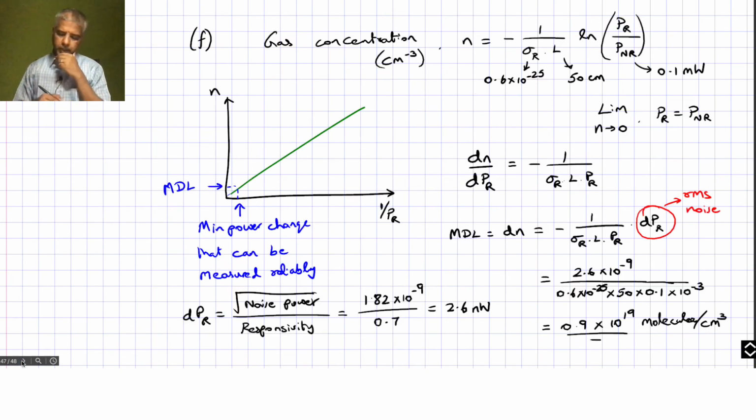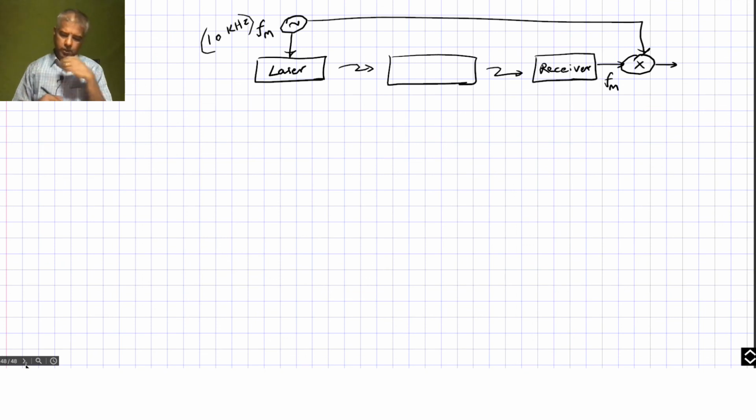Through that you can bring down the noise that you are accumulating, and then you can reduce DPR, the minimum change in power that you are able to detect from the receiver, and through that you can improve your minimum detection limit.